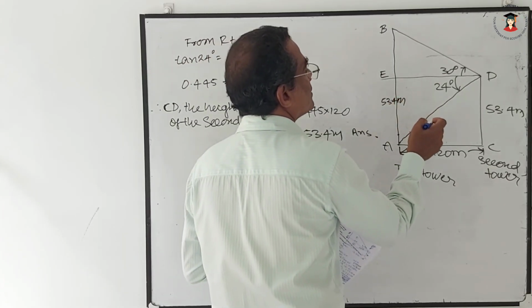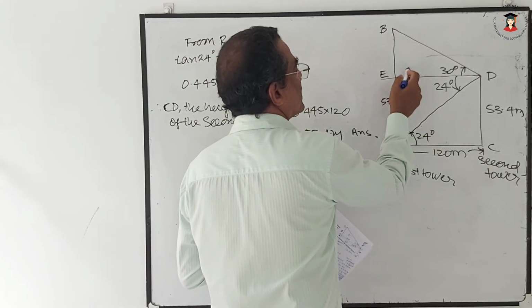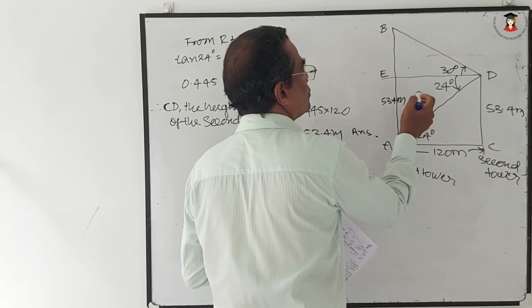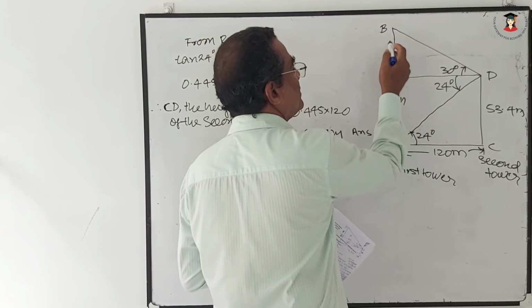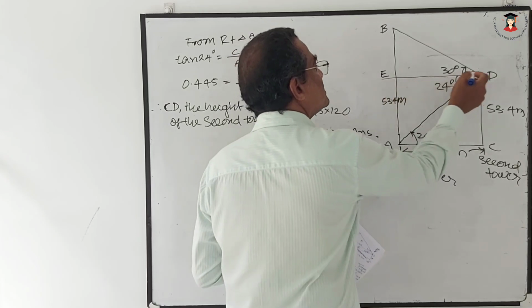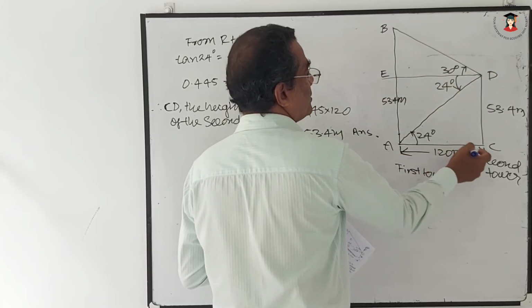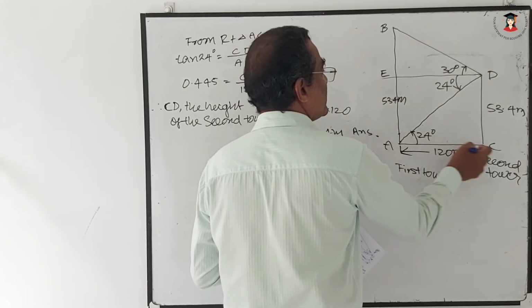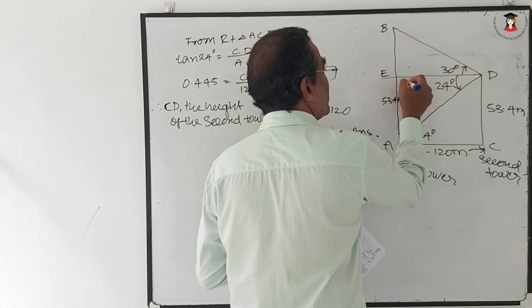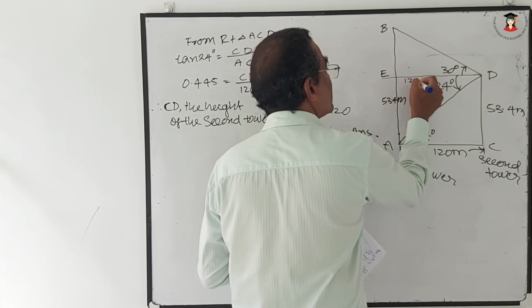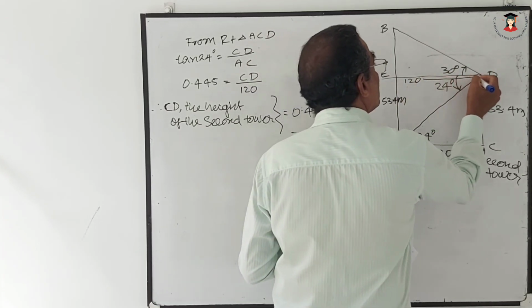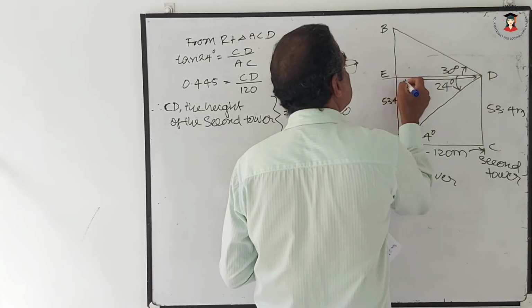Now let us consider this triangle. From that we can find out EB. The distance is known, it is 120 meter, that is AC and ED are equal. So ED is again 120 meter.